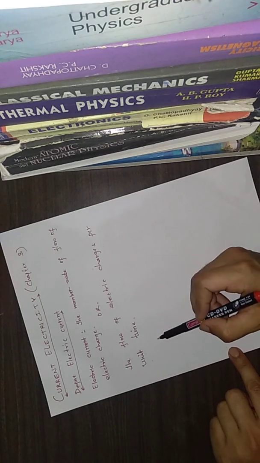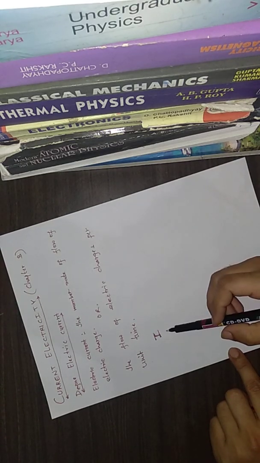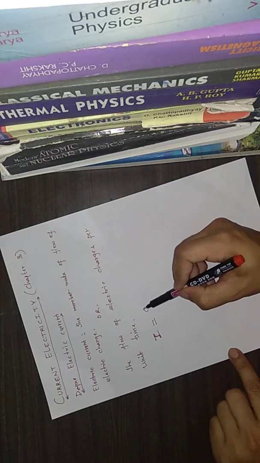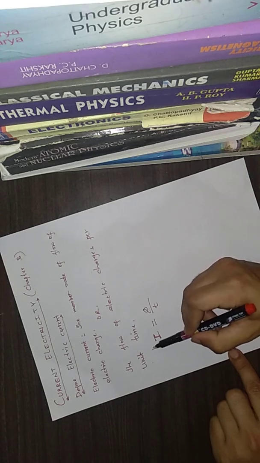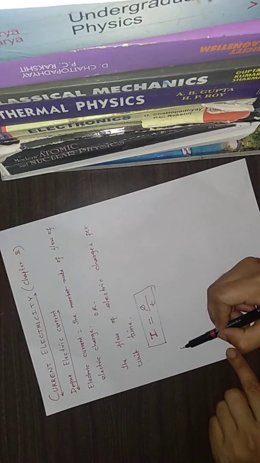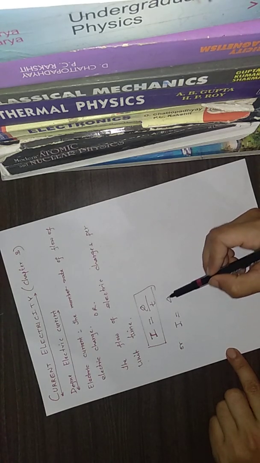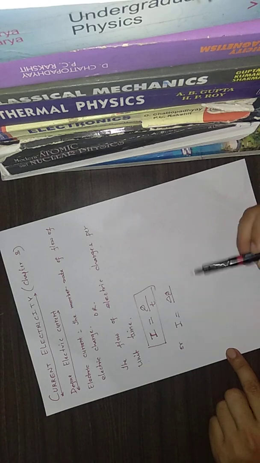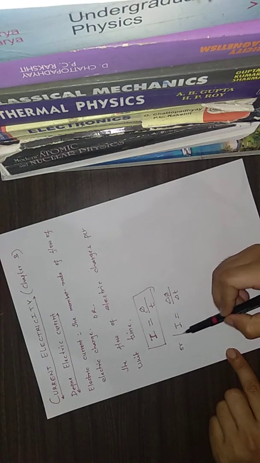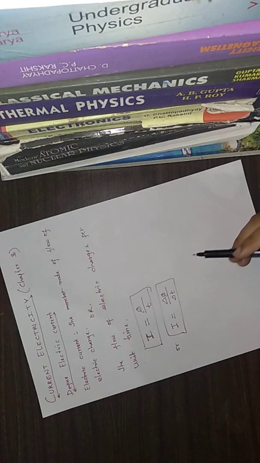So electric current is symbolized by this capital letter I, which signifies electric current. Mathematically this is equal to charge divided by time. So charge divided by time is your electric current, or in another symbol you can write it as some small amount of charge flowing in a very small interval of time, that is delta t, as is also written sometimes.